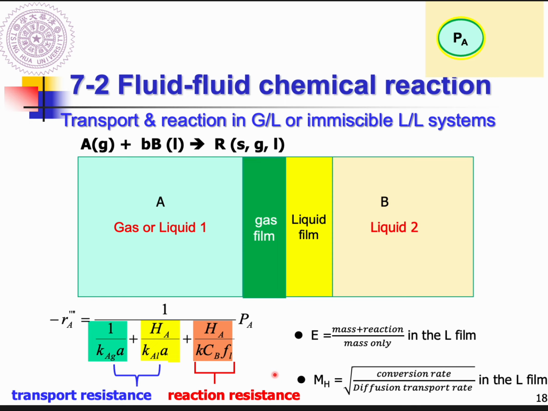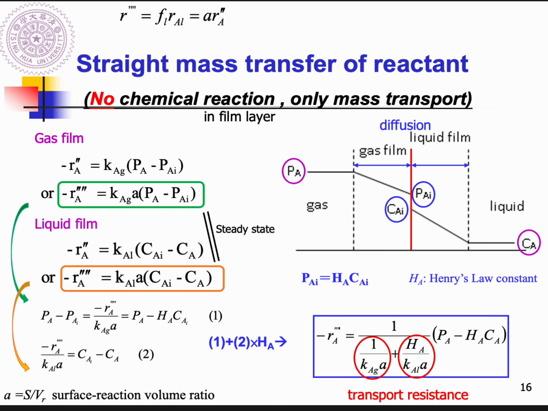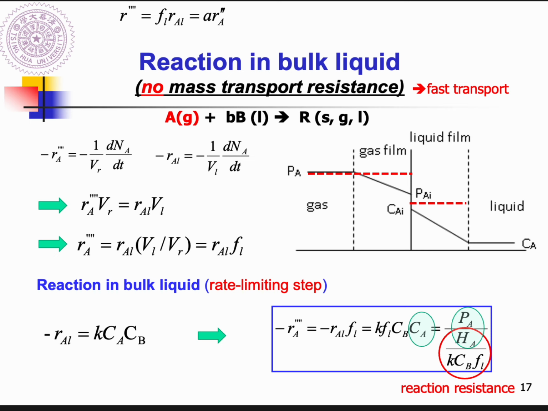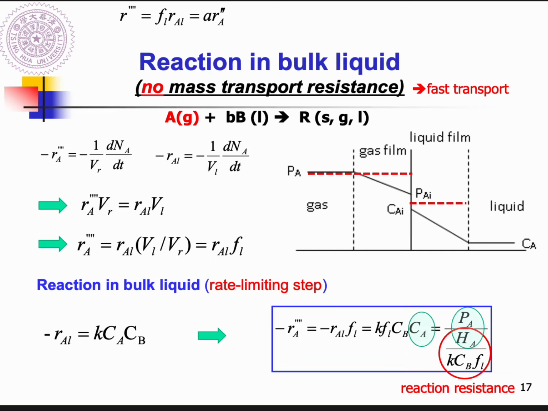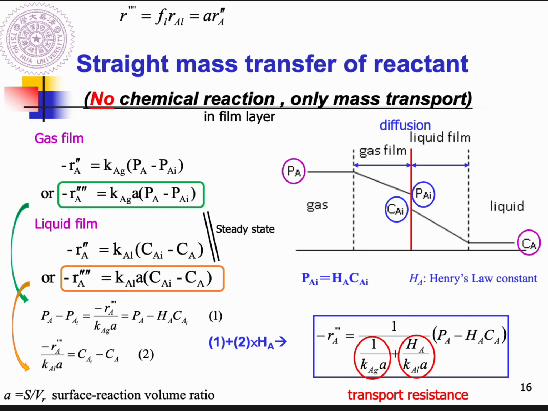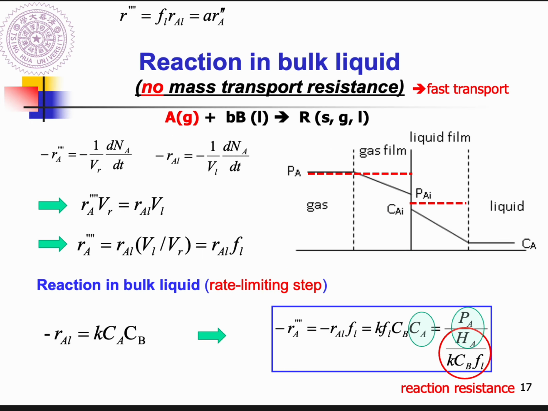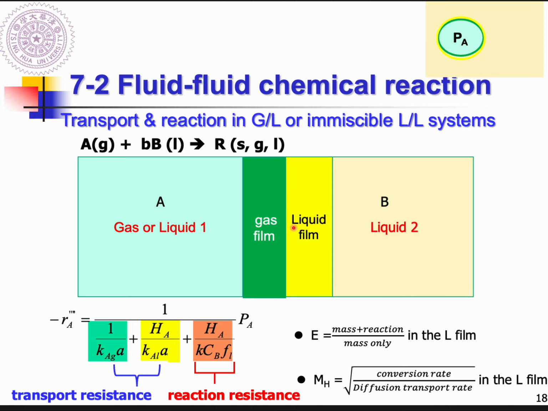But however, in these two simple cases, we have a bug here. We assume fast transport, right? But how about if, like I mentioned before, the reaction is very fast, which means when A enters the B, they generate product immediately.